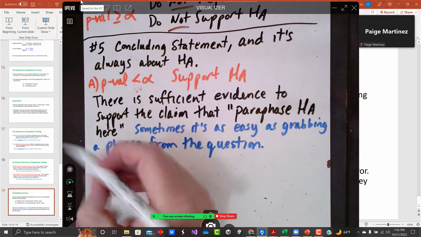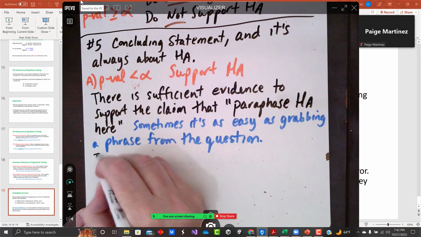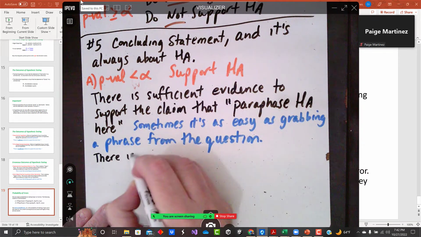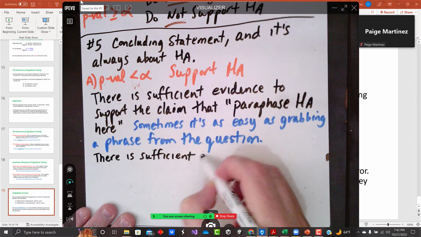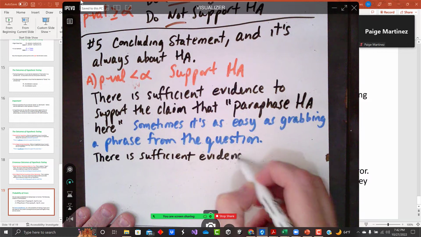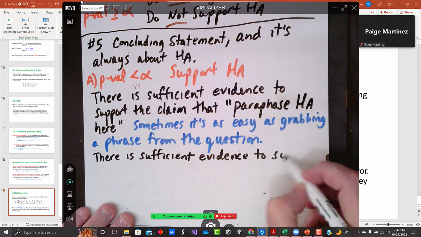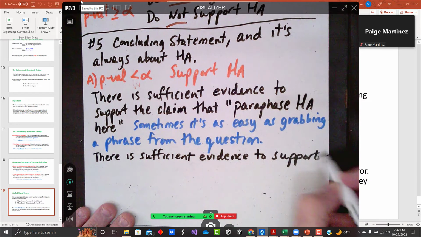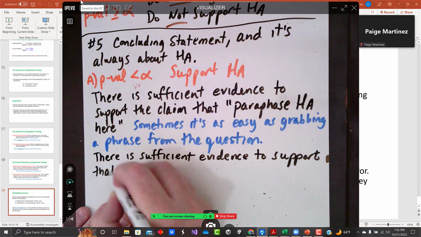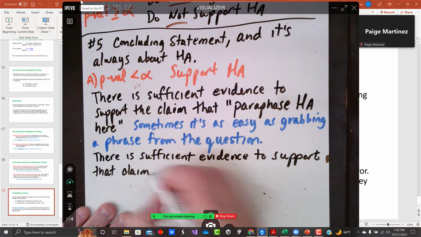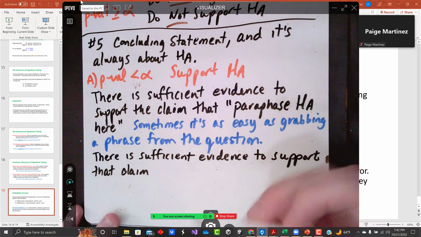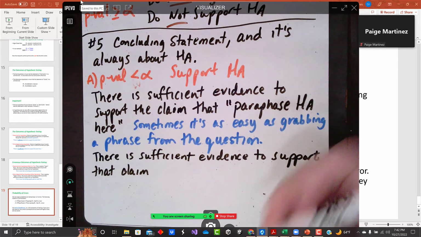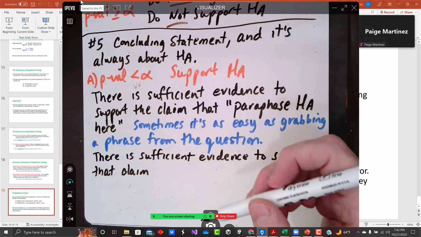So for the mean problem, I would say there is sufficient evidence to support the claim, and it says student average is above 73%, and that's enough words to make me remember what it was about.